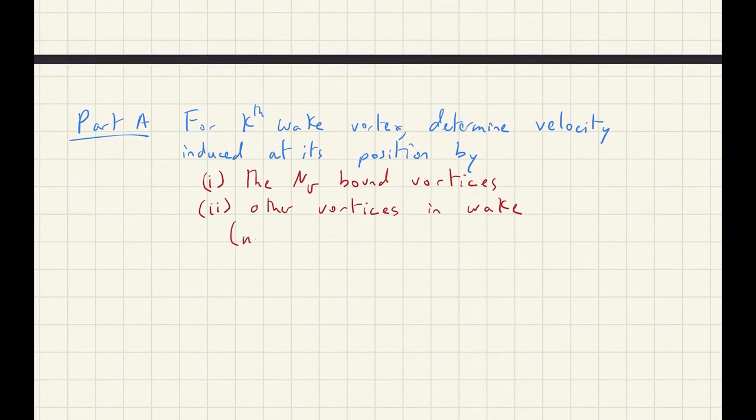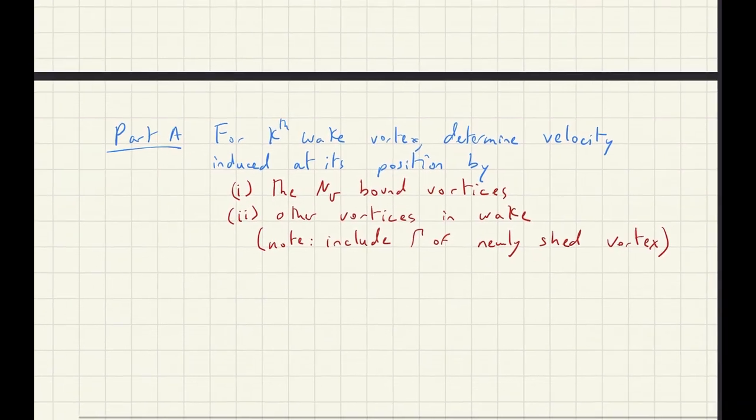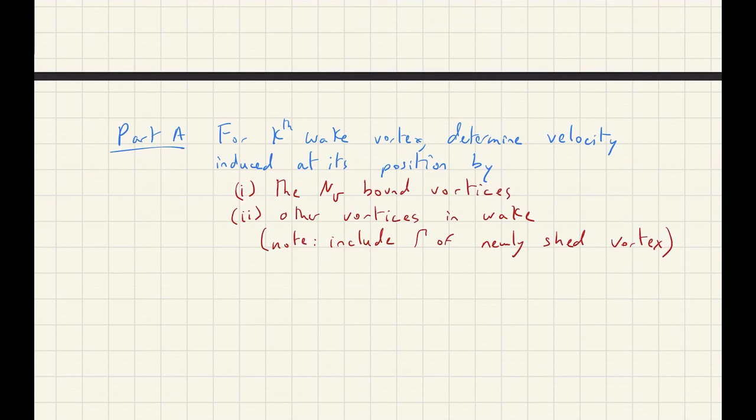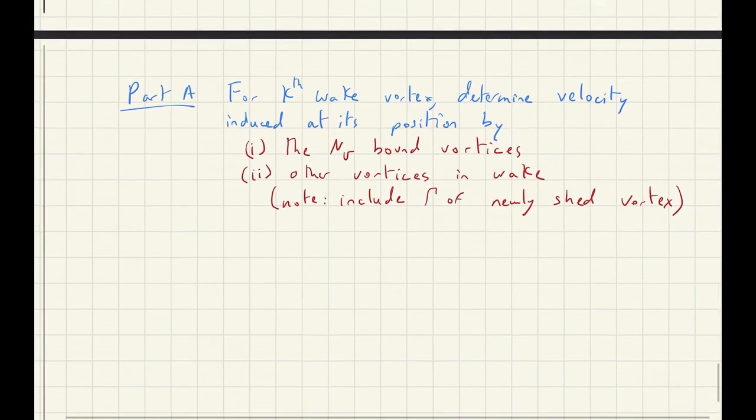Also, let me put a note here to include the gamma of the newly shed vortex. Since we have found the vortex strength of the newly shed vortex, you can include it when you find the velocities induced on the wake to propagate them in time.